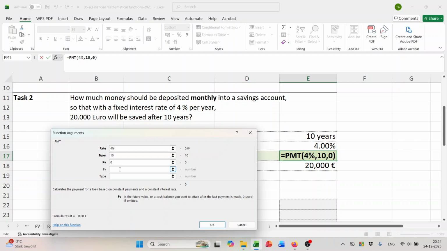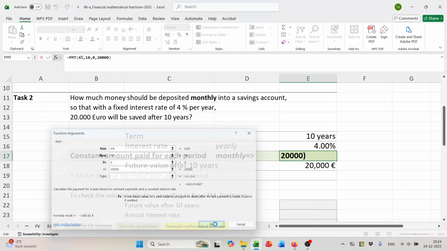The future value should be €20,000, because we are expecting that after 10 years €20,000 will be in our bank account, so it will be our future value.